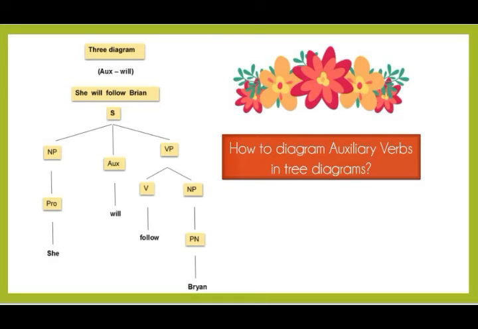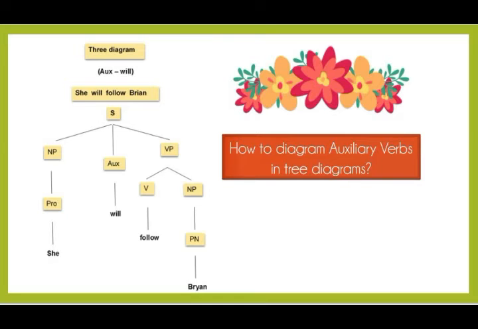So, look at this sentence: She will follow Brian. In this case, it is a sentence, right? We put the letter S under the sentence. "She" is a noun phrase, so we put NP.